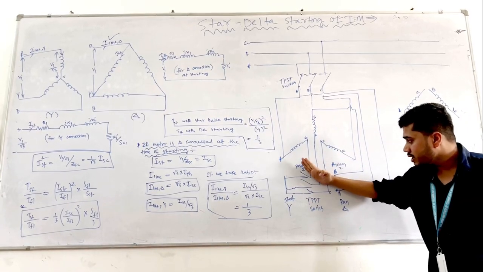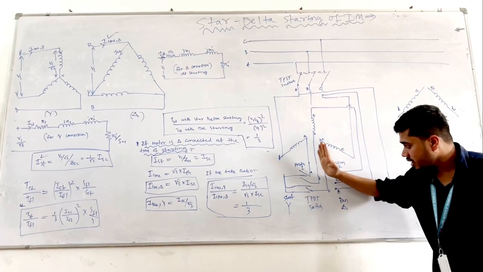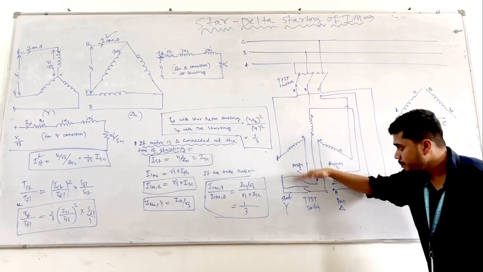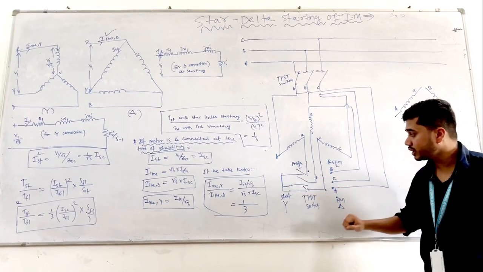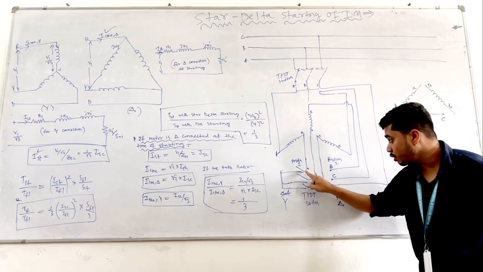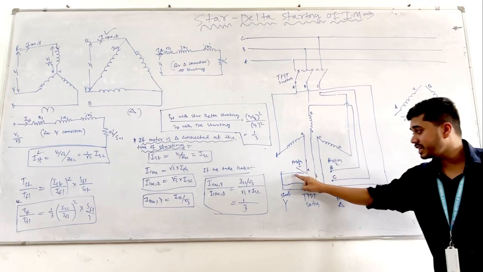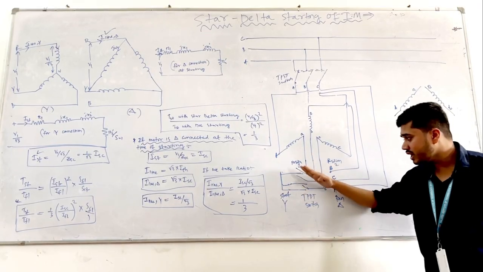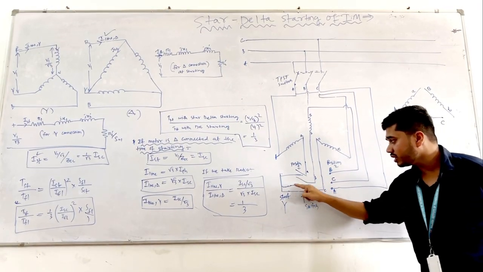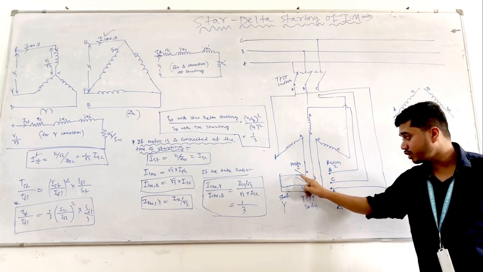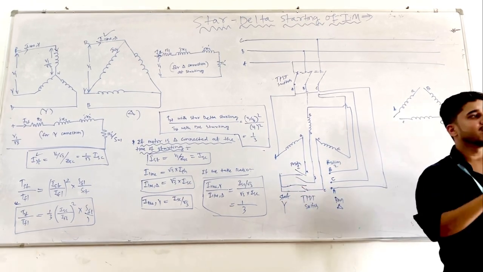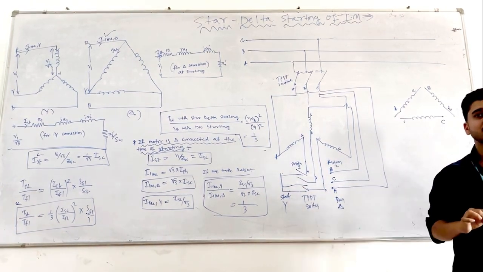Again, suppose these three switches are thrown to position 1. So tell me, the small a, small b, small c, are they shorted or not? Because it is an E-shaped structure, your small a, small b, small c, all three touch this structure. So all are shorted, and it makes a common neutral point.